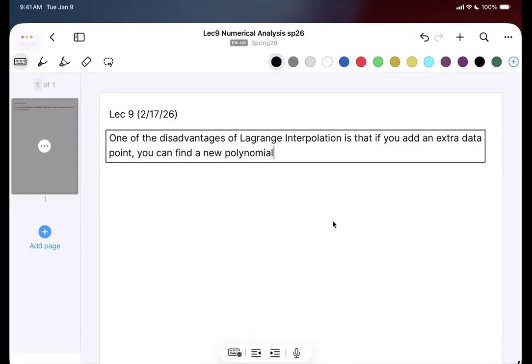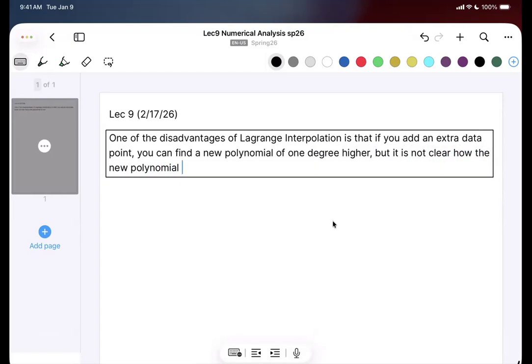The degree increases by 1, right? Because now you have one extra data point, so the degree is 1 higher. But it's not super clear how this new polynomial is related to the polynomial you had found before, to the one we had before. It's almost like you have to start from scratch to find the polynomial again, which is not a desirable way to construct it.